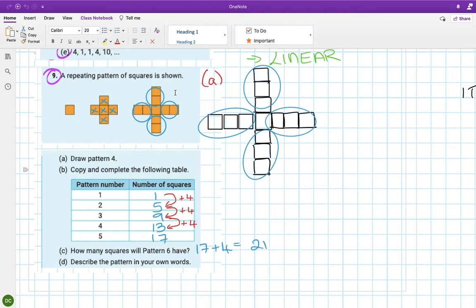And describe the pattern in my own words. So remember, anytime they ask me to do this description in words, I need my 3 points. So it is a linear pattern.